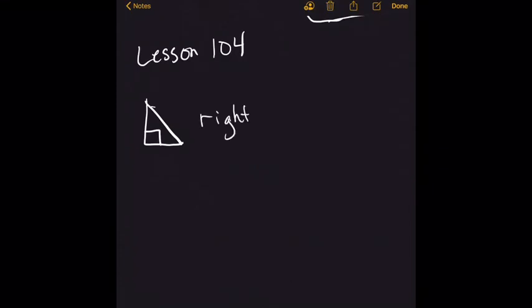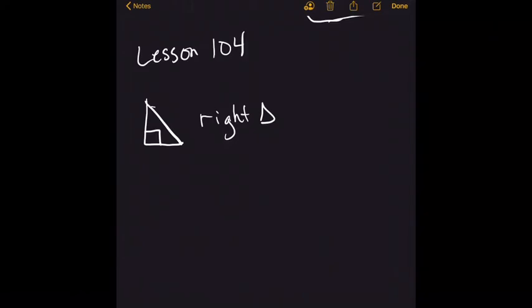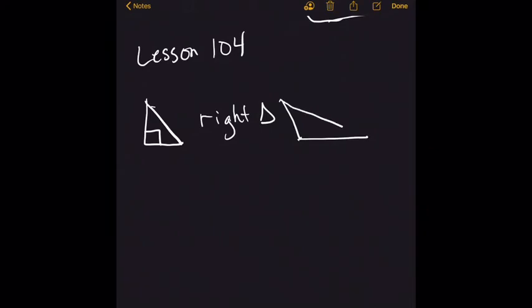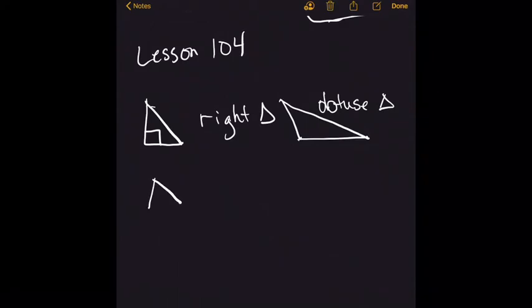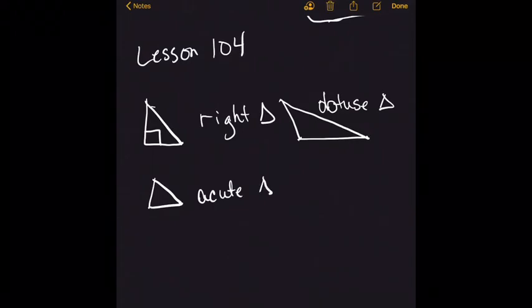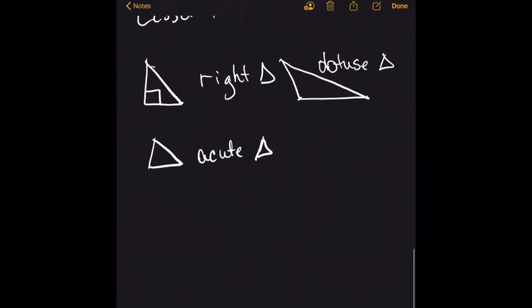It's a right triangle. If you have one obtuse angle, then it's an obtuse triangle. And if all of your angles are small little angles, it's an acute triangle. Okay, this is review. We've already gone over this.